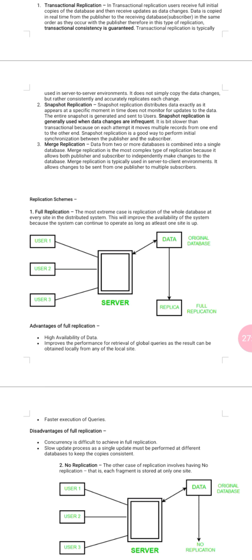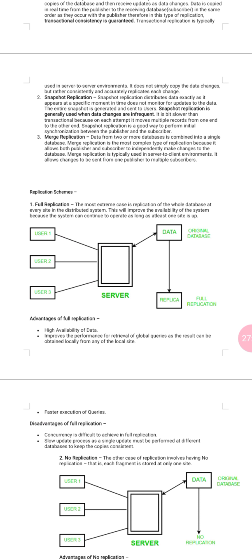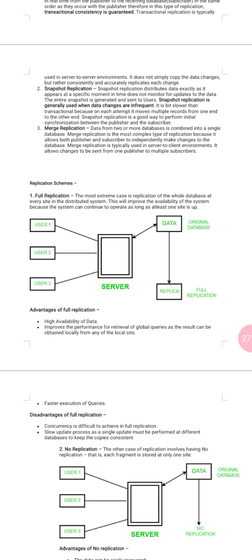Next is snapshot replication. Snapshot replication distributes data exactly as it appears at a specific moment in time and does not monitor for updates to the data. The entire snapshot is generated and sent to the user. Snapshot replication is generally used when data changes are infrequent.